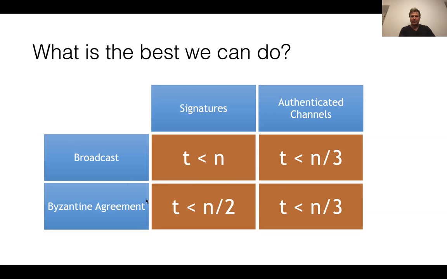I also argued, because of a triviality, that Byzantine agreement in any setting, even if I give you signatures, is impossible for t not less than n half, simply because voting doesn't make sense if the corrupted parties are in majority, because they will just outvote the honest ones.